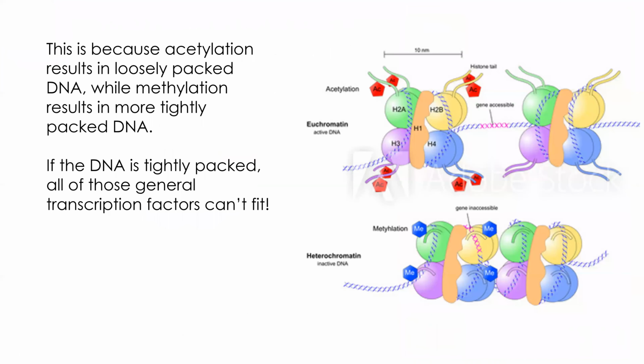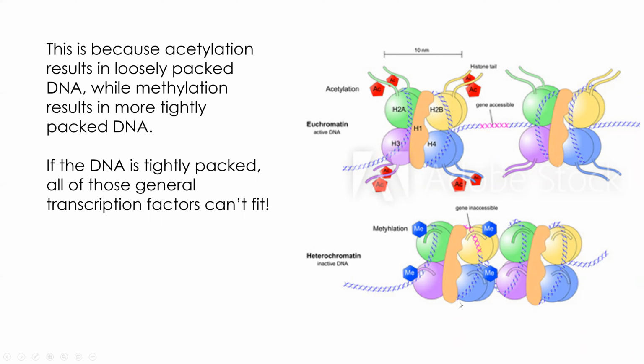And we can see why that actually is. When we have a lot of acetyl groups on these histone tails, you can see that this is going to loosen up. We've got a lot of access. If you remember back to chapter 17, transcription is a lot more complicated than we ever thought. So we're actually worried about getting all of those general transcription factors, the TFIID, the TFIIA and B, all of those guys have to fit here with the RNA polymerase. So we need to allow a large access space.